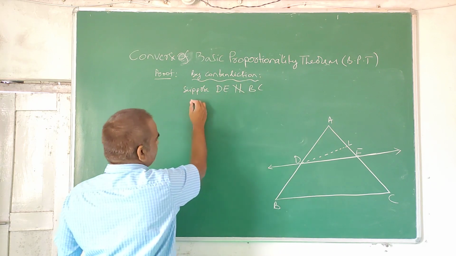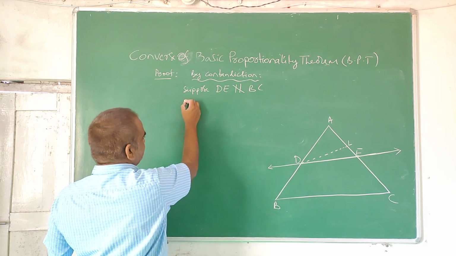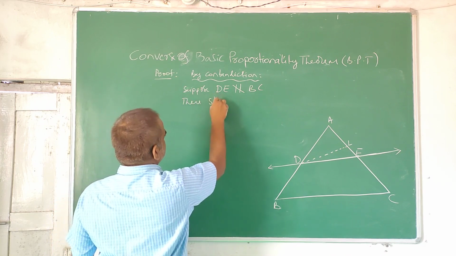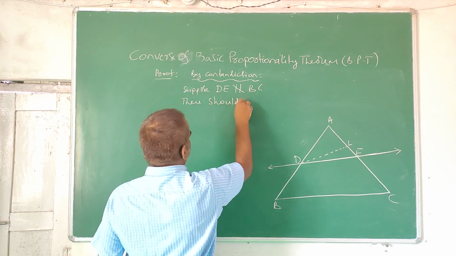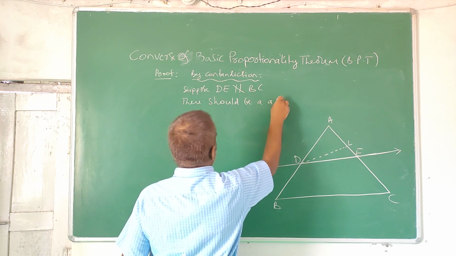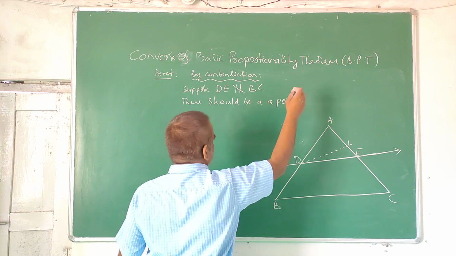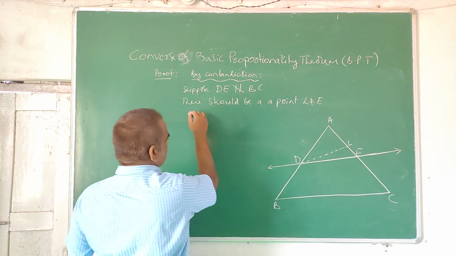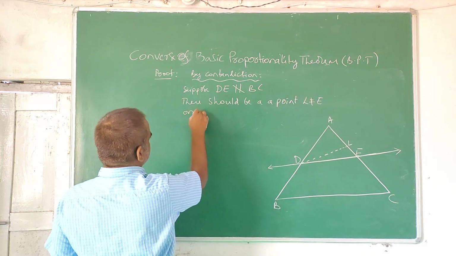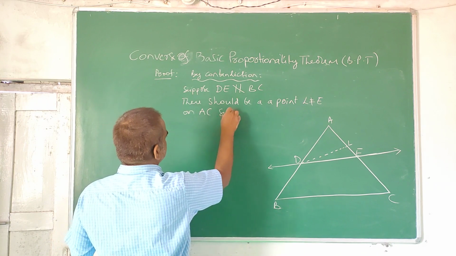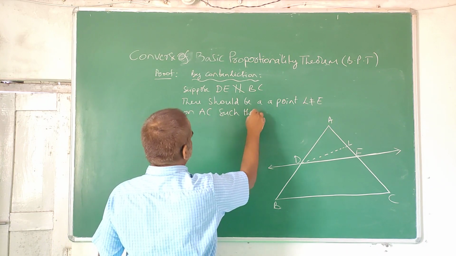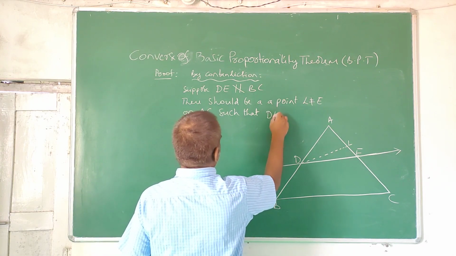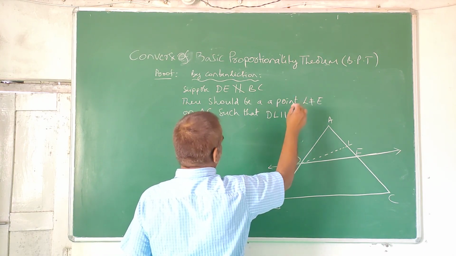Then there should be a point L, different from E, on AC such that DL is parallel to BC.